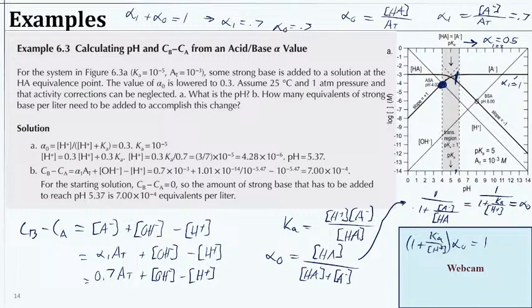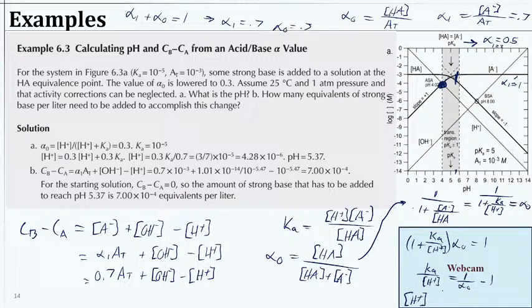So I could rearrange, divide both sides by alpha 0 and say 1 plus Ka over H plus equals 1 over alpha 0 minus 1. That'll move this over there, and then ultimately solve for H plus.